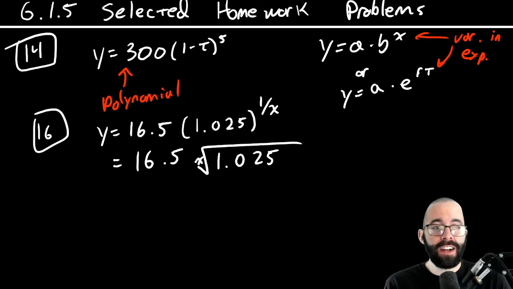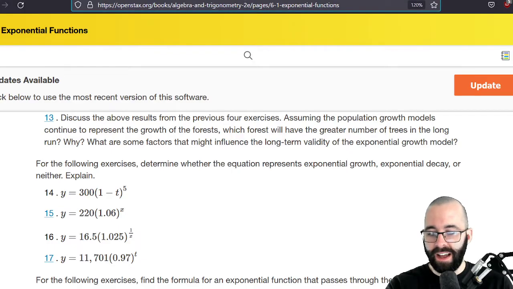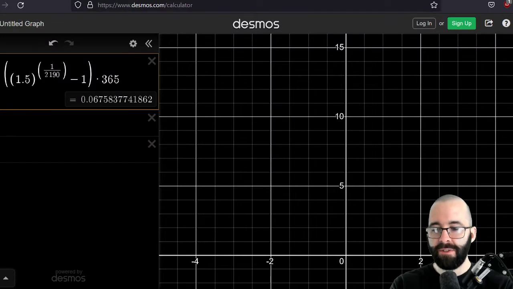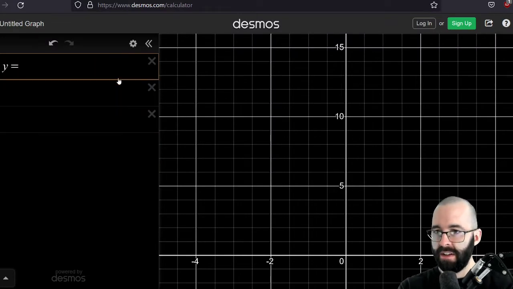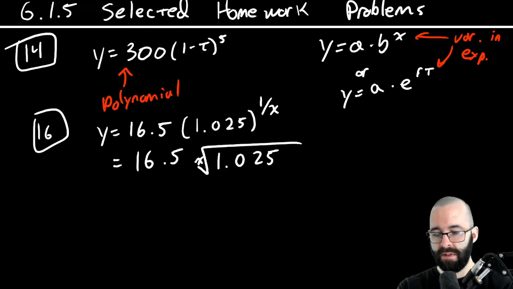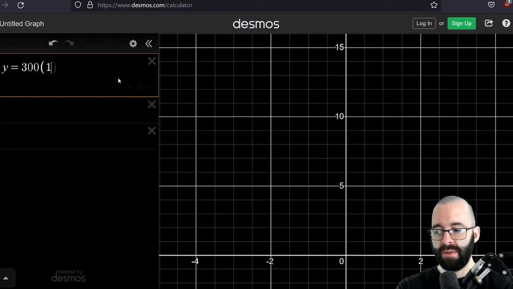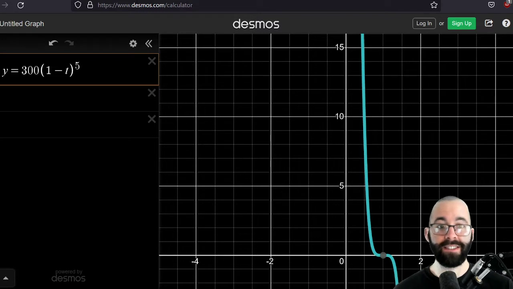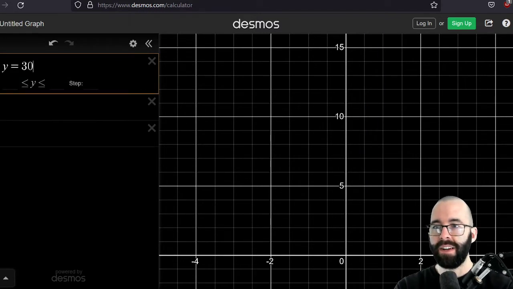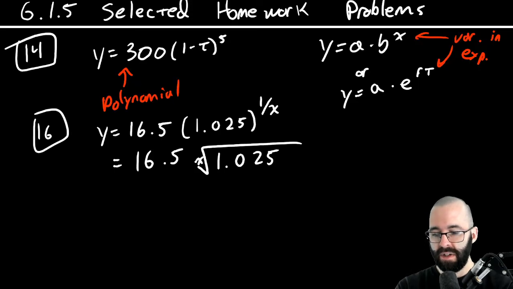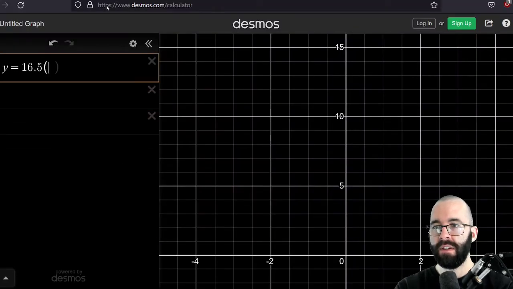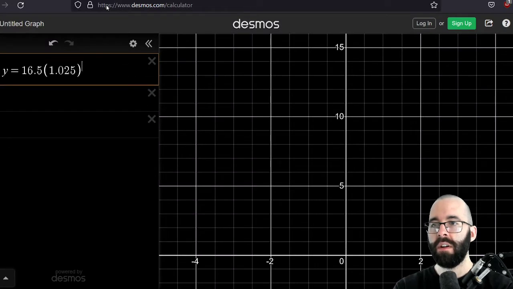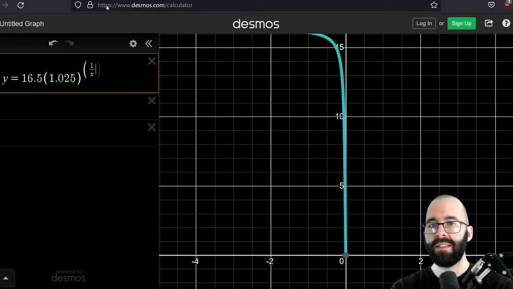You can also check your answers with Desmos. Let's do that. Look at the first function. y equals 300 times (1 minus t) to the fifth. Oh yeah, this is not exponential. That's definitely cubic. And the second one was 16.5 times 1.025 raised to the 1 over x.